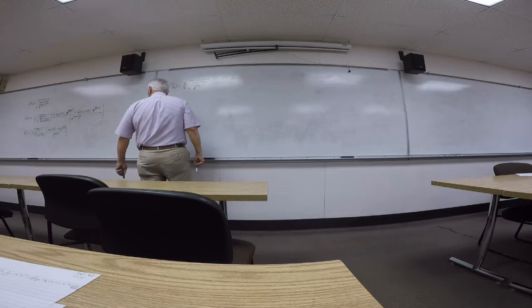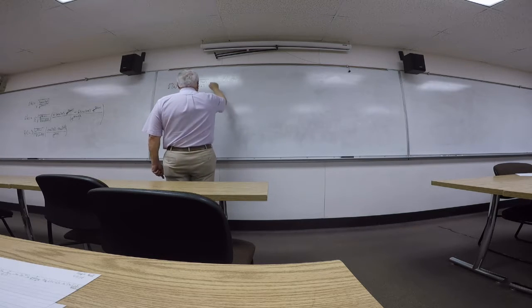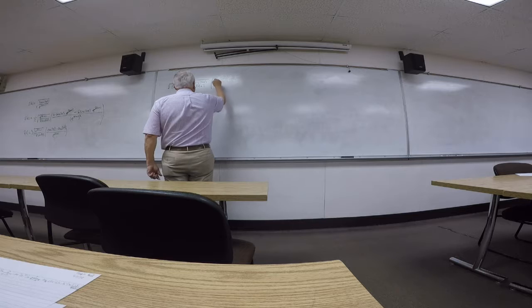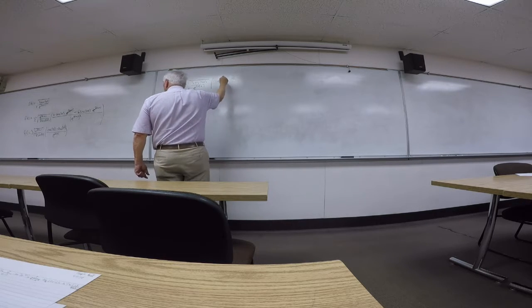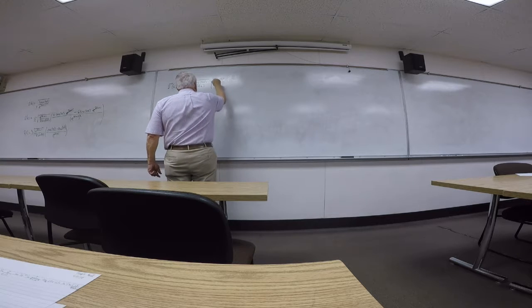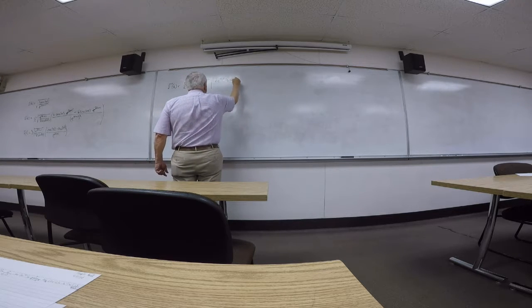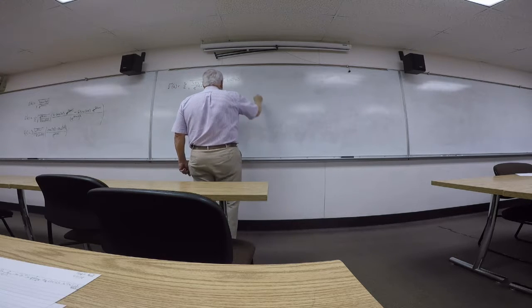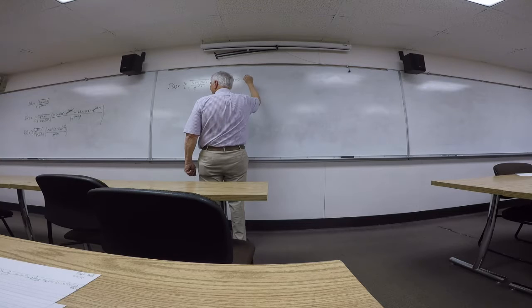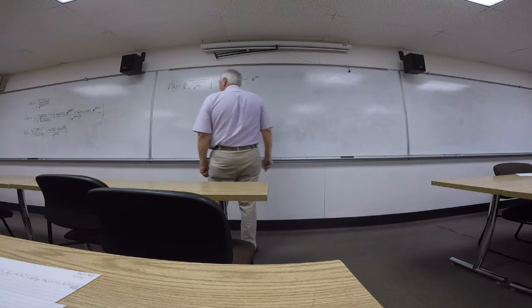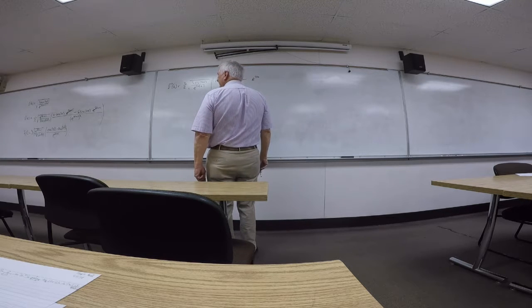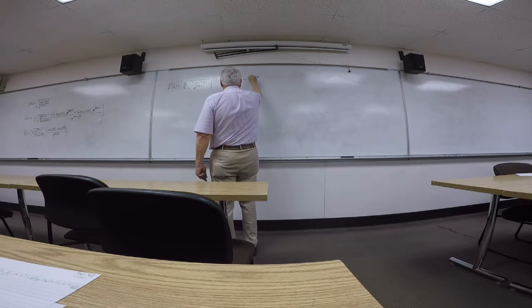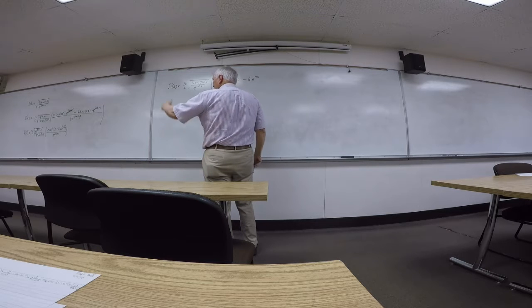Chain rule times the quotient, which is 2e to the 2t plus 1 times 3, 6, sine 2t, minus the numerator, e to the 2t, times derivative of the denominator, 6 again, because it's 3 and 2.